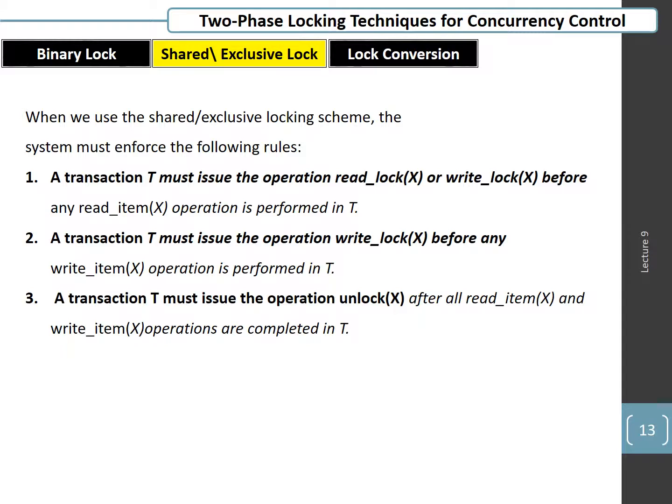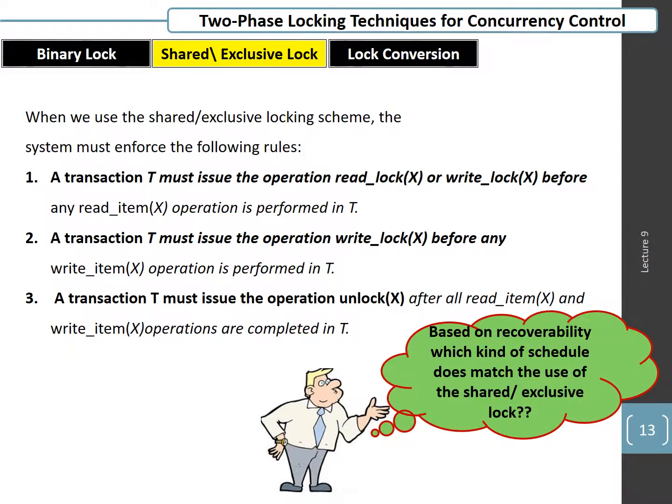The second rule is that if a transaction wants to perform a write on a data item, it must lock this data item by a write lock or exclusive lock.